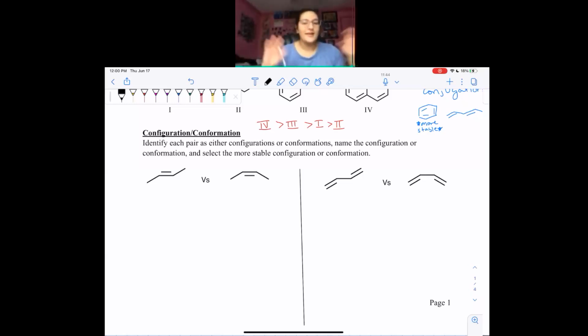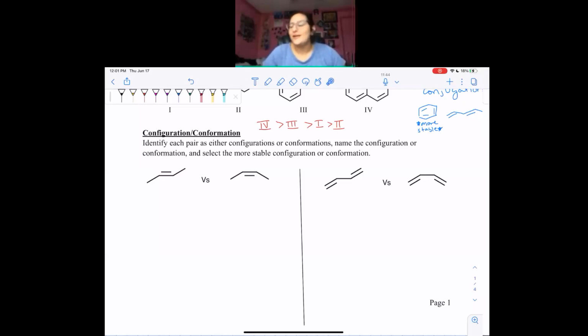Alright, that being said, in Orgo 1, you guys were introduced to this, but you were not introduced to this. So when we talk about a double bond, we can classify it as cis or trans or E and Z, right?